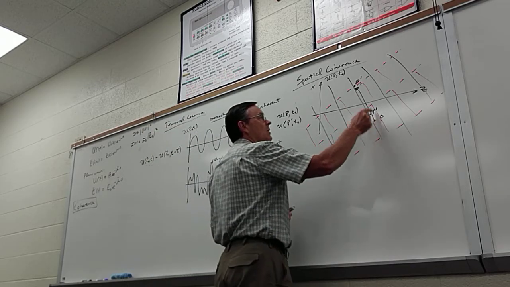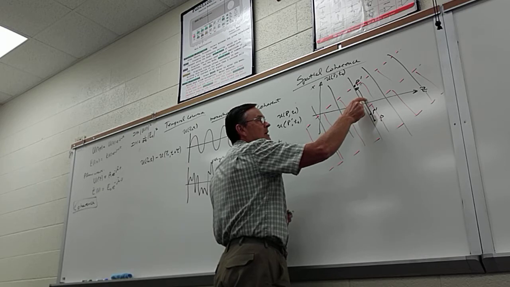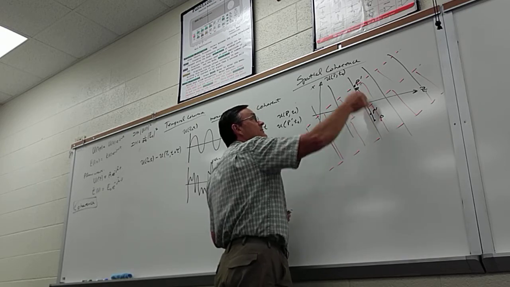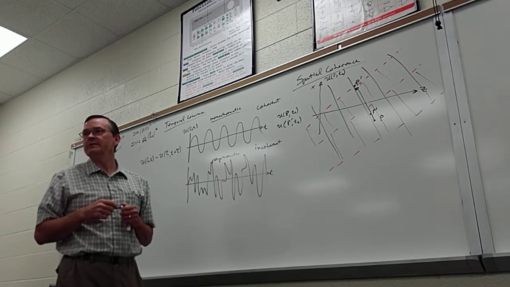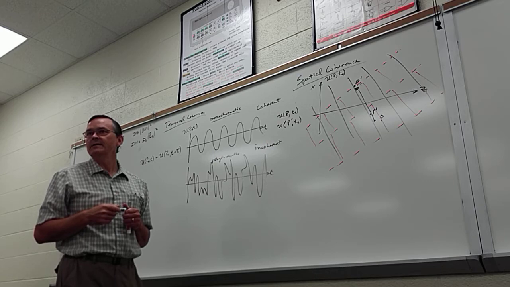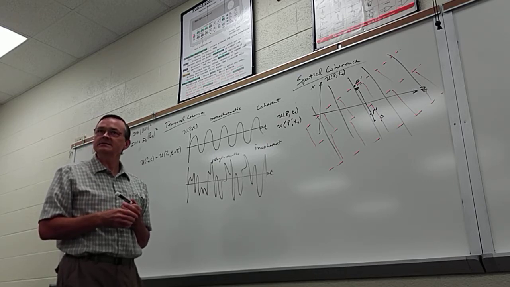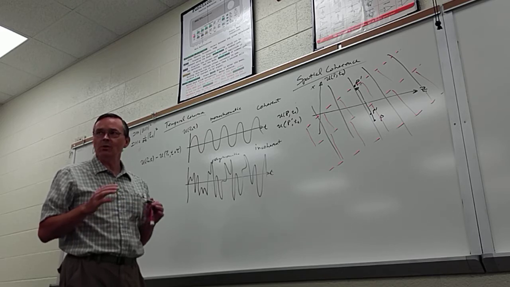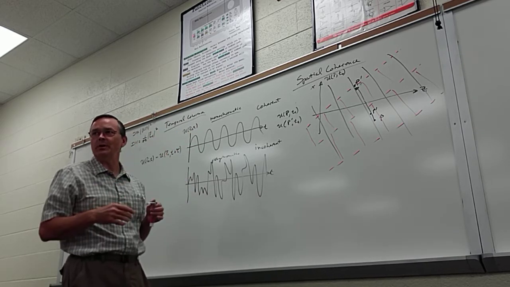But if I go over here, now there's not as good a relationship. If I go, say, 50 of these over, there's just no relationship. It's just random. And so spatial coherence has to do with the same wavefront, right? It's not like comparing one point on the wavefront to another. In essence, yes, for the moment, with this simple sort of intuitive model.